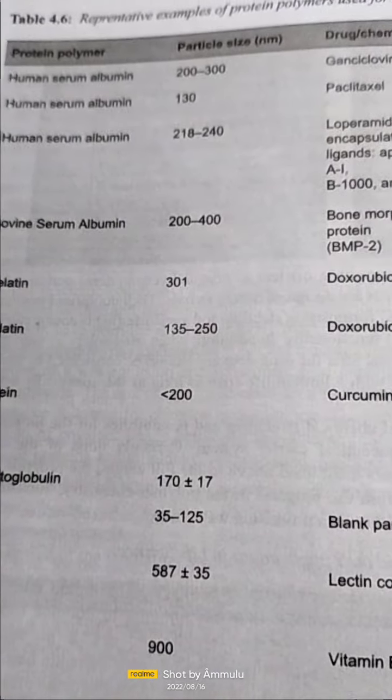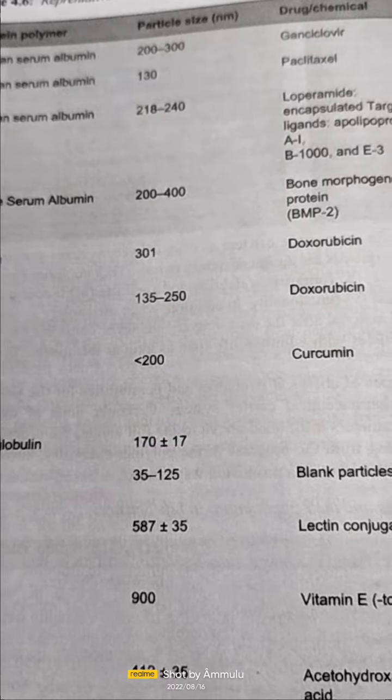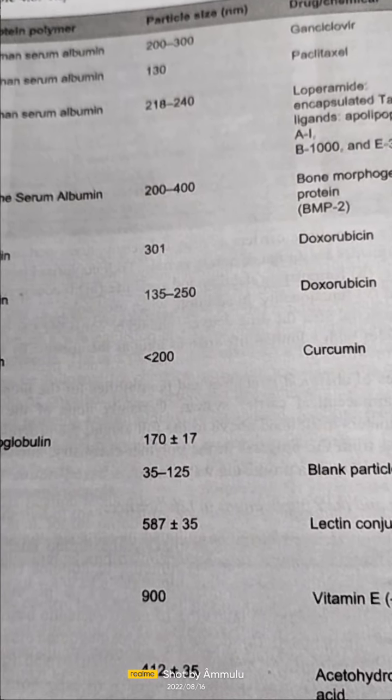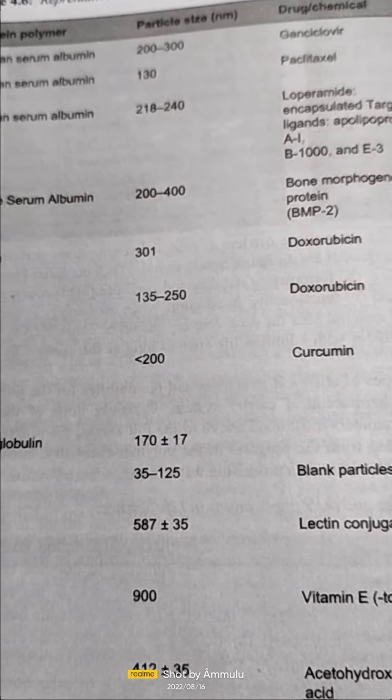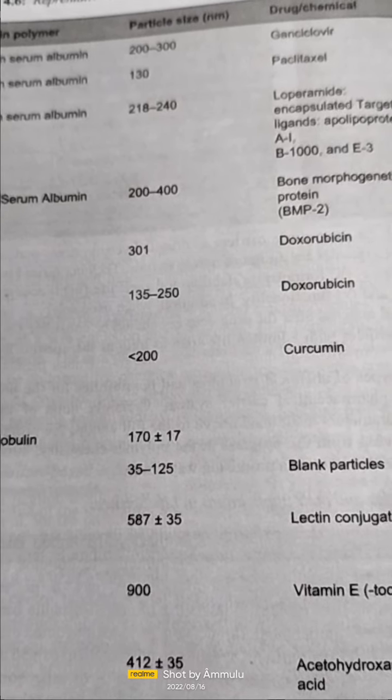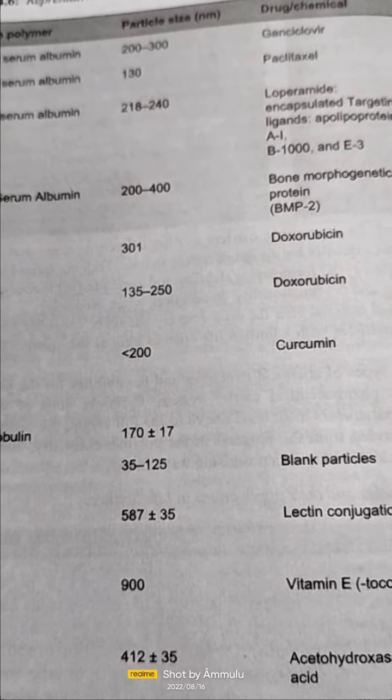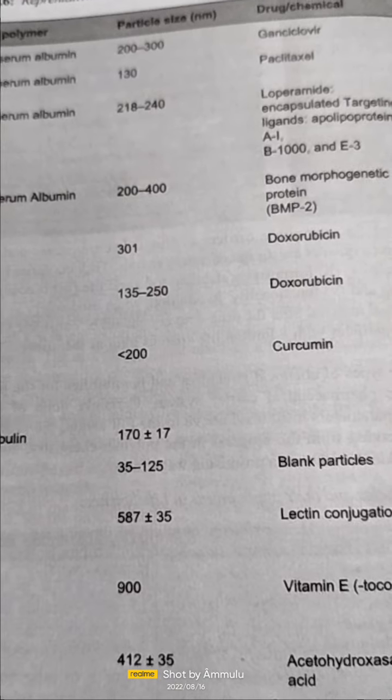First, the protein polymer is human serum albumin. The particle size for human serum albumin is 200 to 300 or 130.